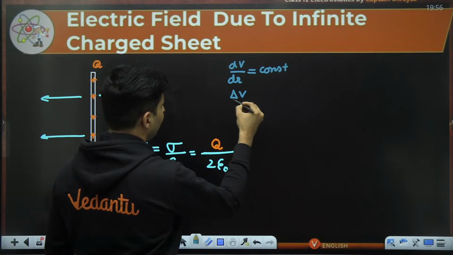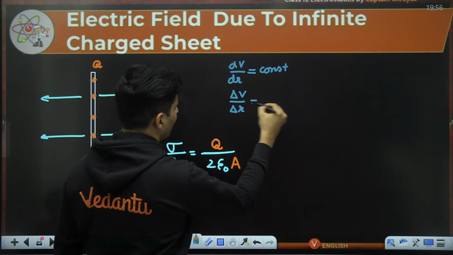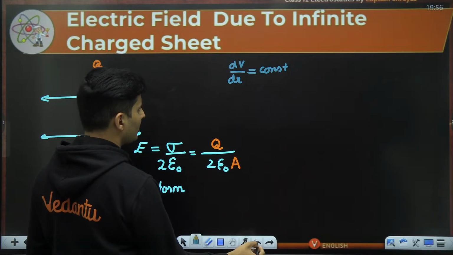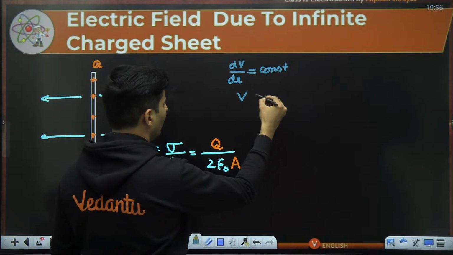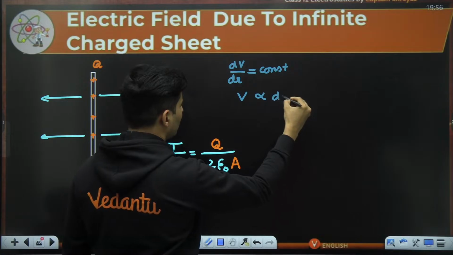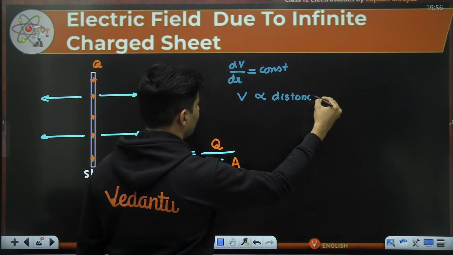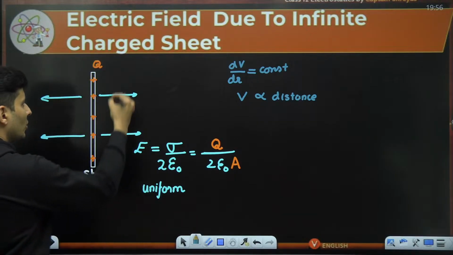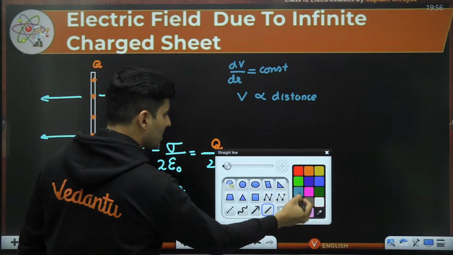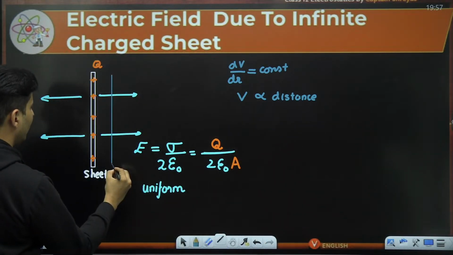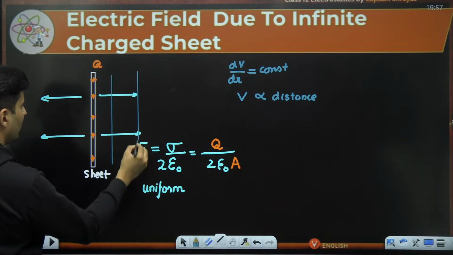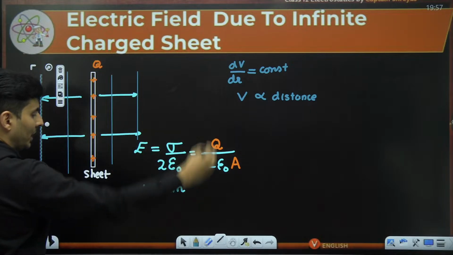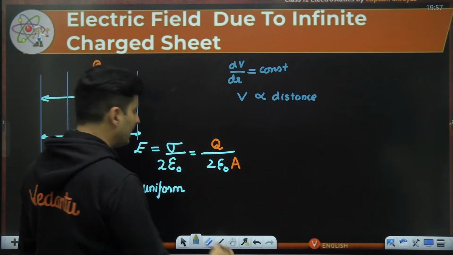Therefore, delta V by delta R will also be constant, so the voltage will be directly proportional to the distance. If you show equipotential lines, they will go like this, and as you move away, the potential will keep on decreasing linearly.